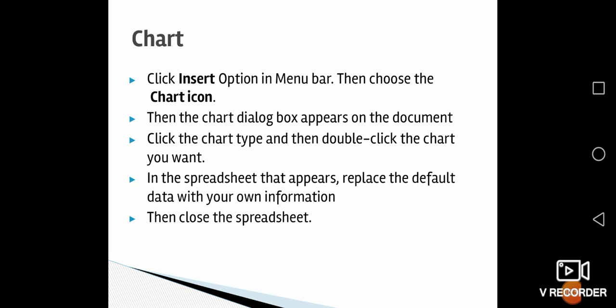Then a spreadsheet will appear. It is where the data is raw. Usually when you need a graph, first you will form a table. That table will contain default information which you have to change to your own information. Then just close the spreadsheet. Automatically the data will be given onto your chart.